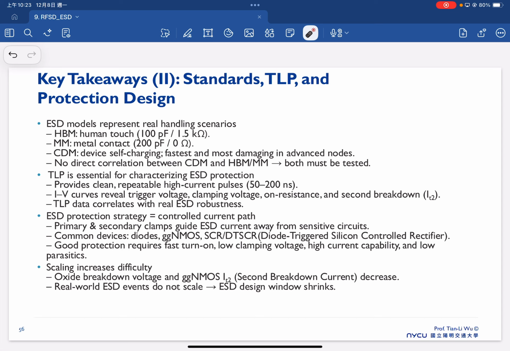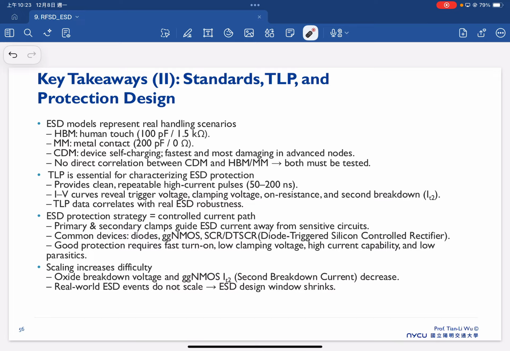The idea of the ESD protection strategy can be summarized in one sentence: we just want to control the high-current path. We want to make sure this high-current path does not flow directly into our main device, and that it flows out through our ESD device.